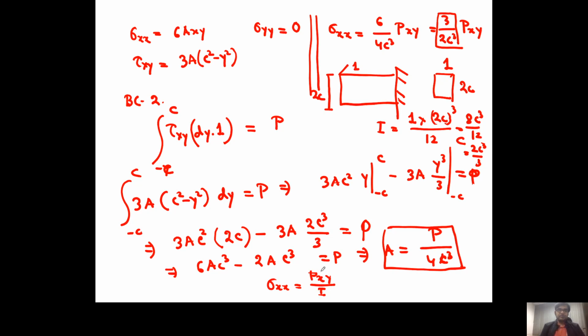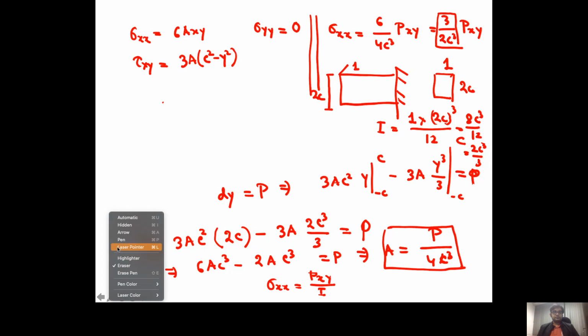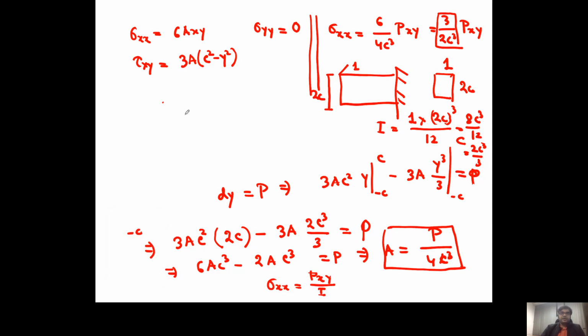Now we also have to consider the second term. So let me erase some of the portion. This boundary condition has done its job. You have your A, so you don't need this anymore. Then we have this tau xy here. Once you substitute A, what do you get? Remember, A is P by 4c cube.